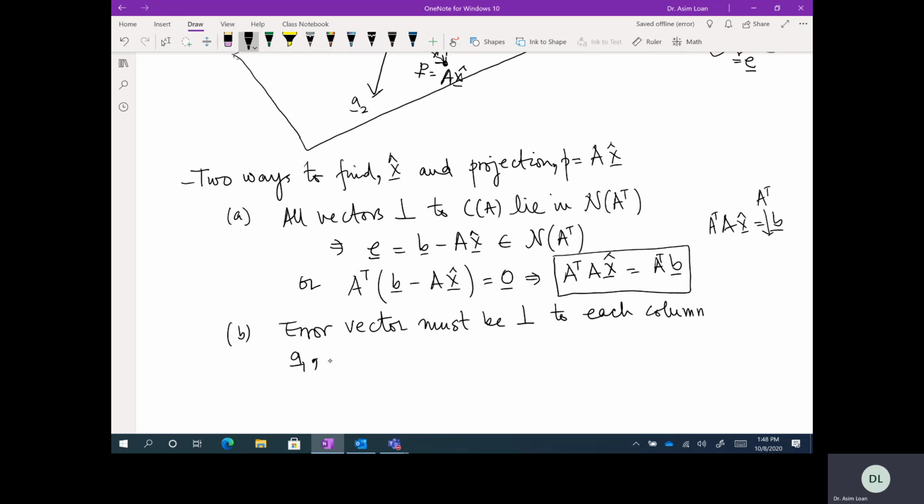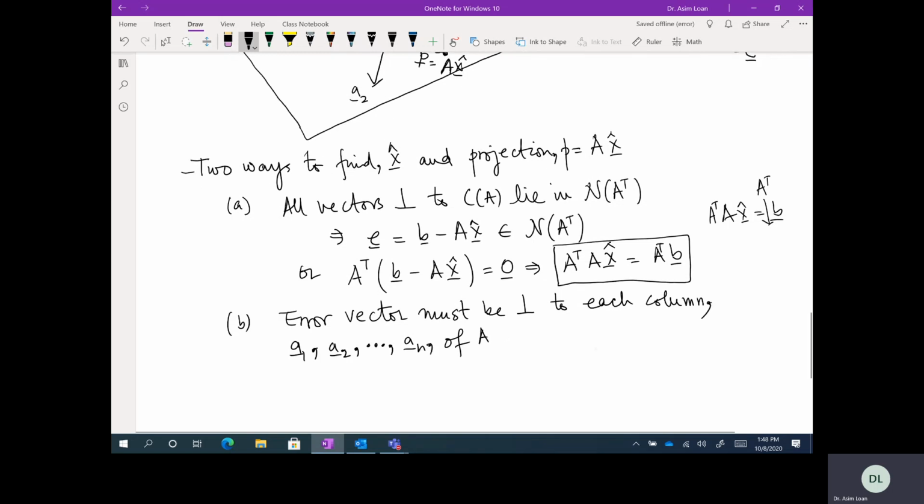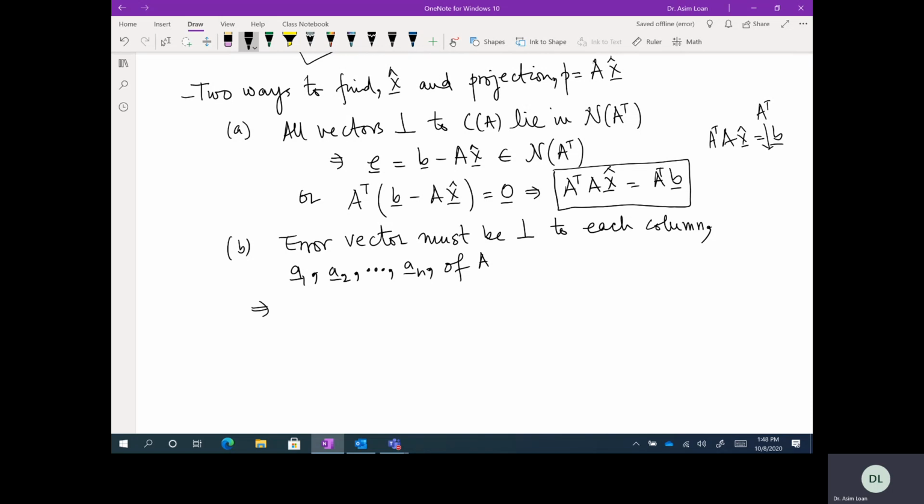A1, A2 up to AN, to each column of A. Okay, so this means A1 transpose into B minus AX hat equals 0, and so on up to AN transpose into B minus AX hat equals 0.